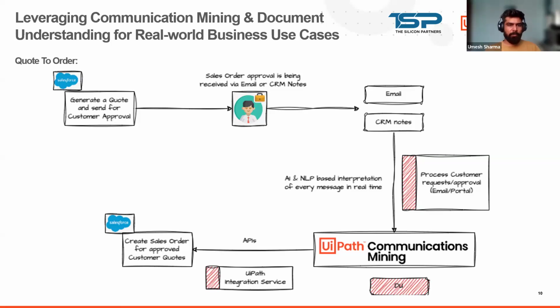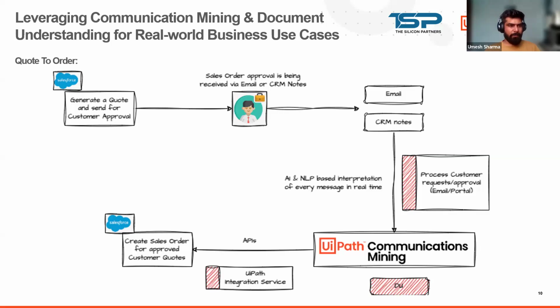These models can be trained to recognize and extract key information from approval messages, such as customer name, approval status, quotation reference number, and any specific instructions or conditions mentioned in the email or CRM notes.